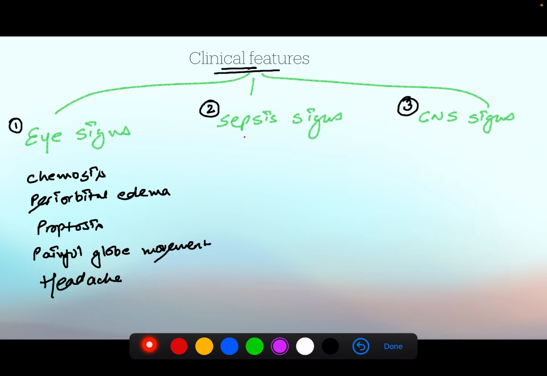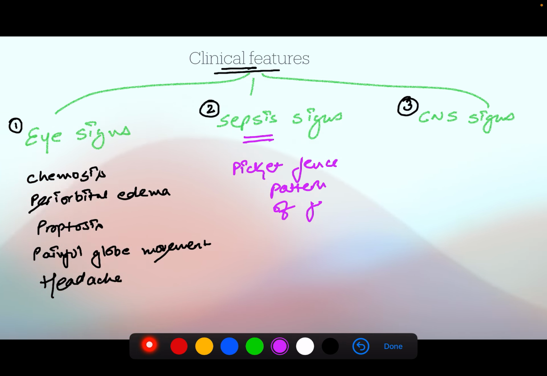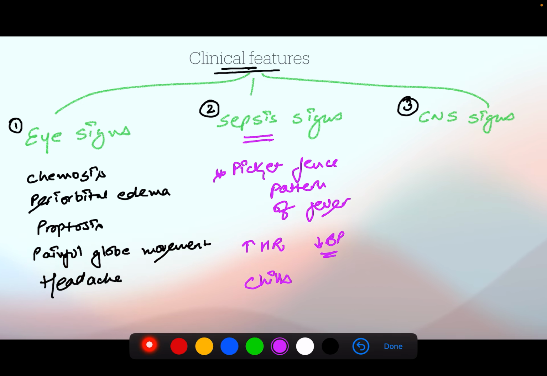Coming to the signs of sepsis, picket fence pattern of fever will be noticed. Also the heart rate will be increased, that is tachycardia, and hypotension will be there. Also fever will be associated with chills.